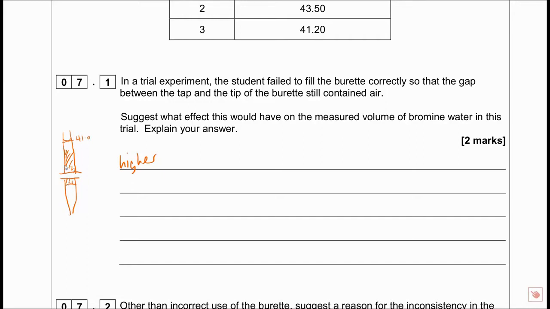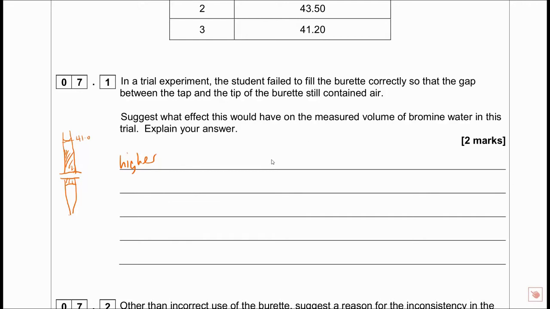Basically the volume of bromine there is less than we think, so this air is going to make the reading higher. It's pushing this higher up than it would normally be. It would drop without this air here. It would drop down, in my case 0.4, or 0.3, or whatever I said that is in here. So it's making the reading higher than it should have been.